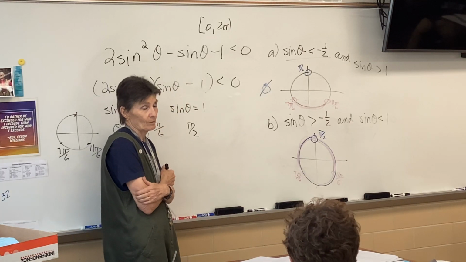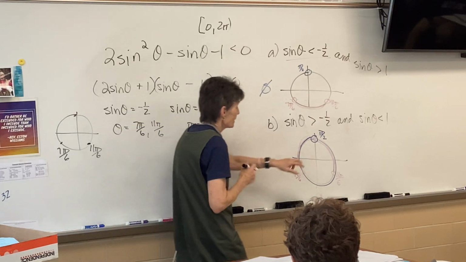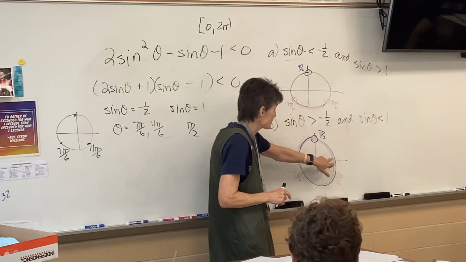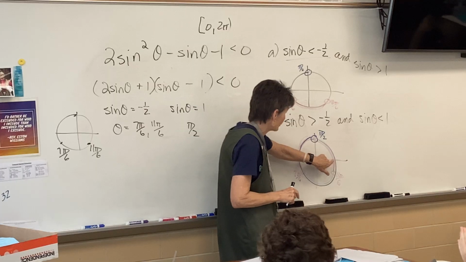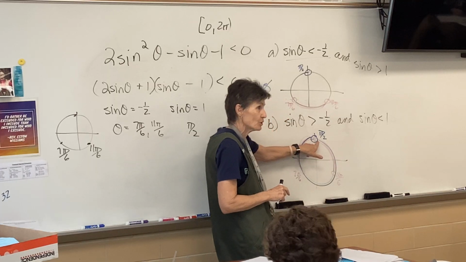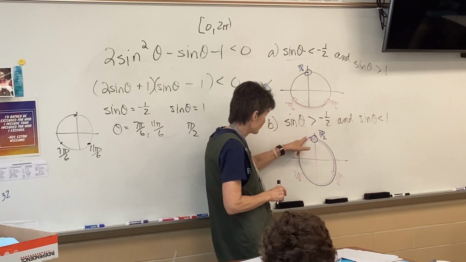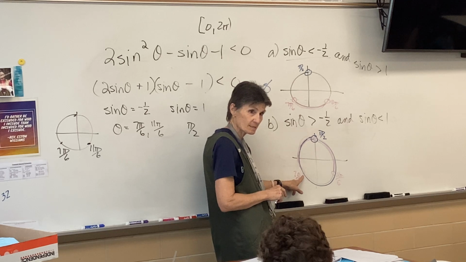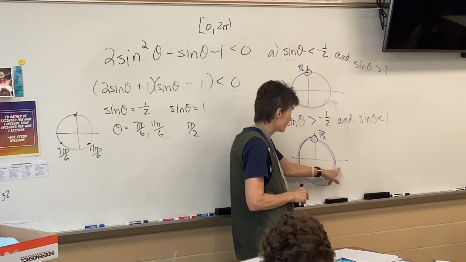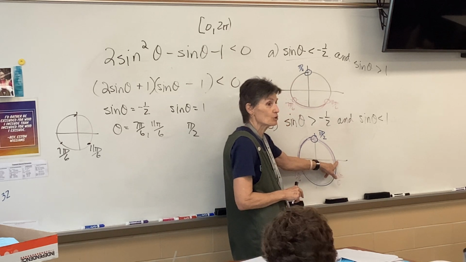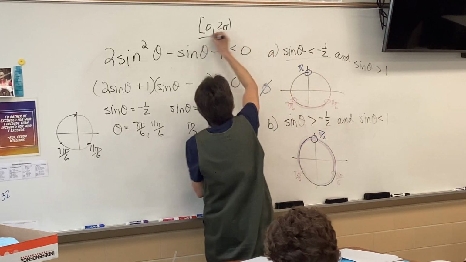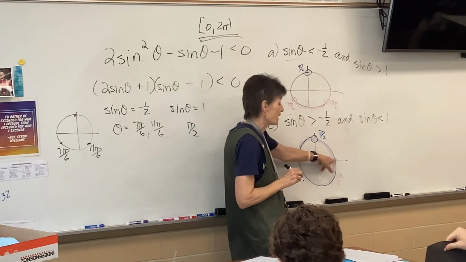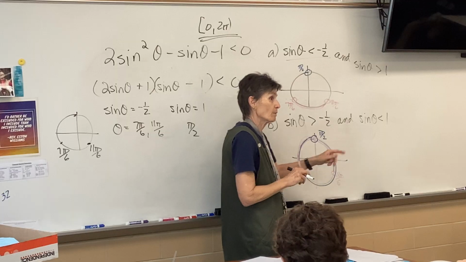What is my answer? When you do this, you have to start at 0. So you're going to go 0 to pi over 2, pi over 2 to 7 pi over 6, and then 11 pi over 6 back to 2 pi. Remember, you start at 0 with your answer and work your way around.